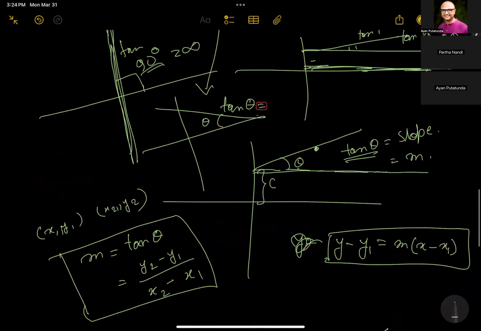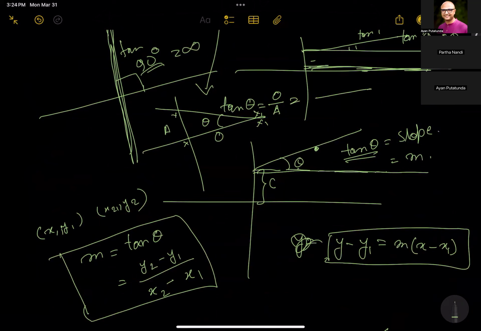So in this case, this is O, this is A. This point is X, X1, this is Y, Y1.